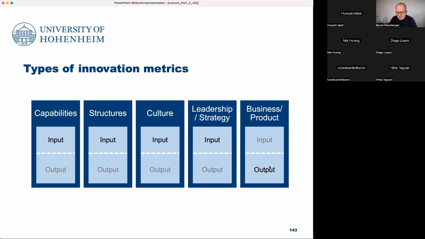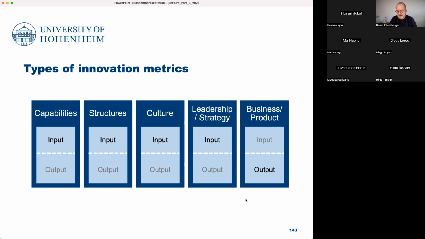And innovation output is very, very hard to change. You have to change the innovation output and you have to change the innovation process in a sense. But the innovation output as such is really hard to change. So managerial intervention most often happens on the level of the inputs.